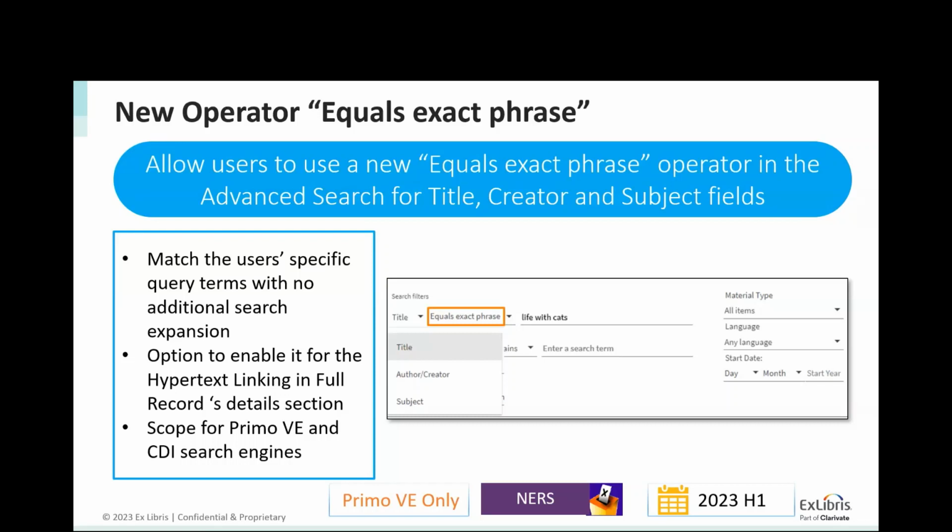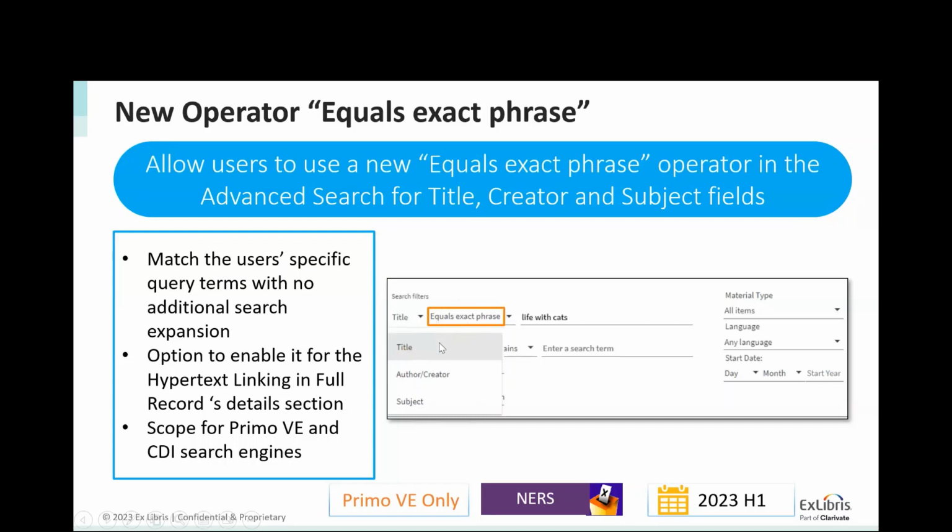So we are going to release that option. This operator is going to be available for the title, for the author and creator, and the subject field. This is about to be released in the next release, in the May release.